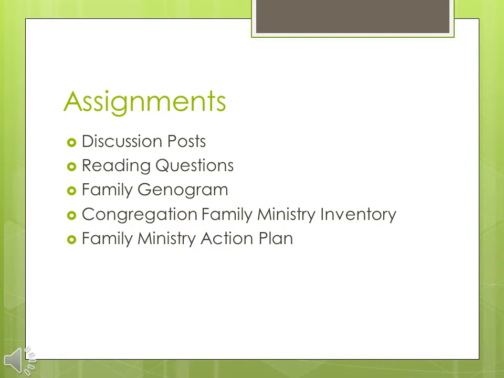What kinds of programs, activities, what are the things that you could initiate that would assist your congregation's family and youth ministry? That action plan will also be shared with your peers at the end of the course.